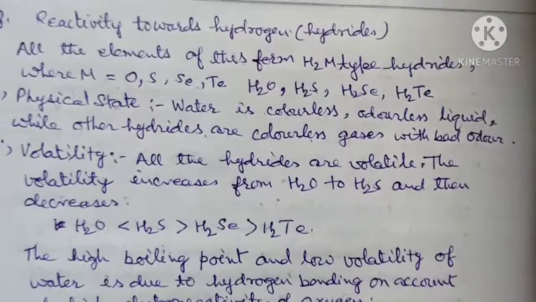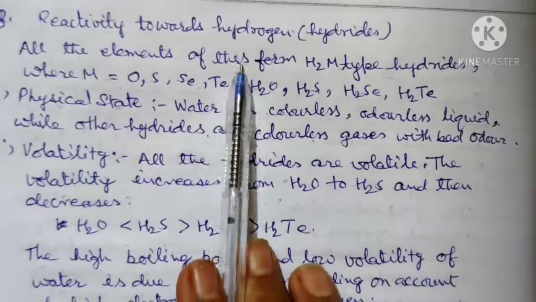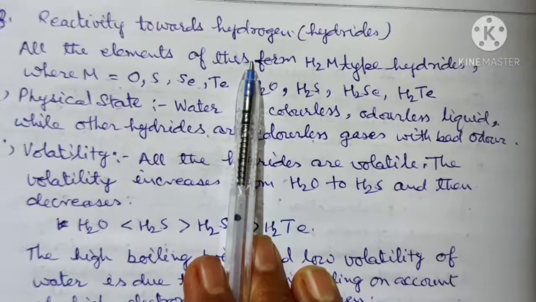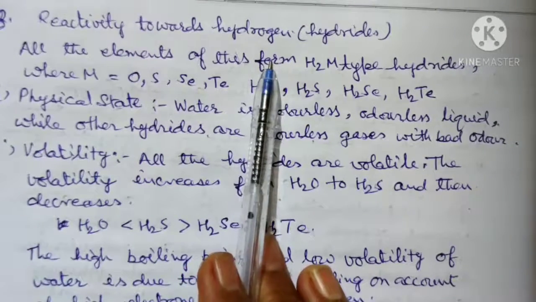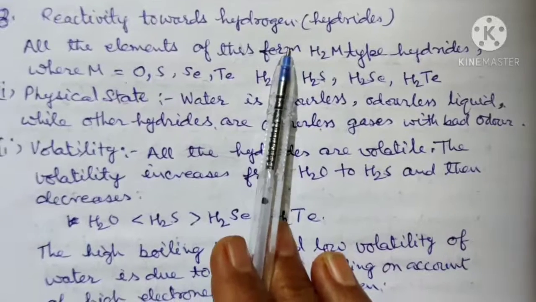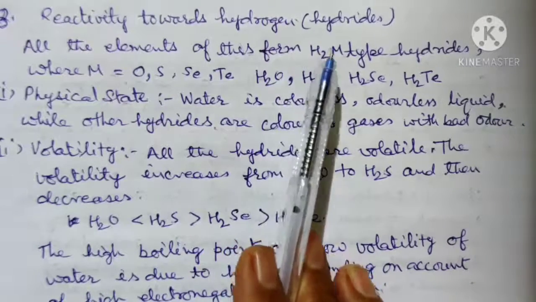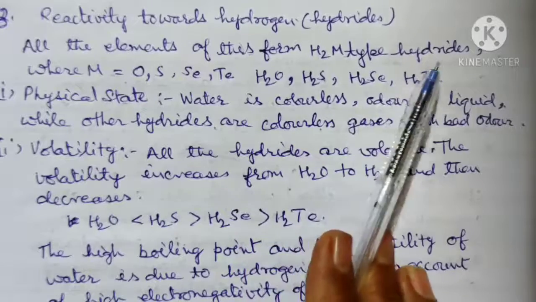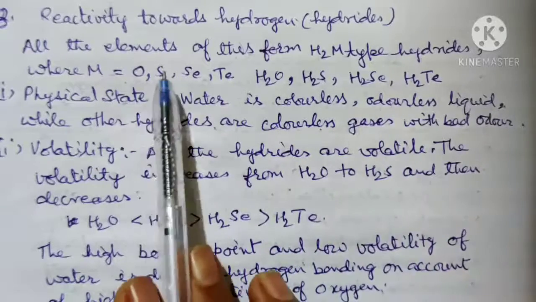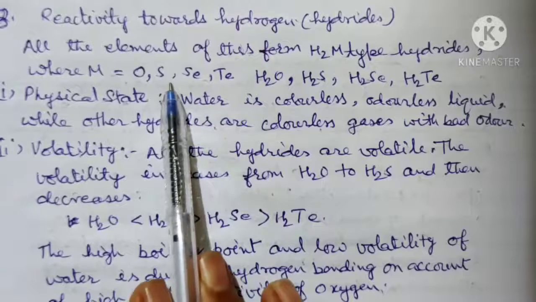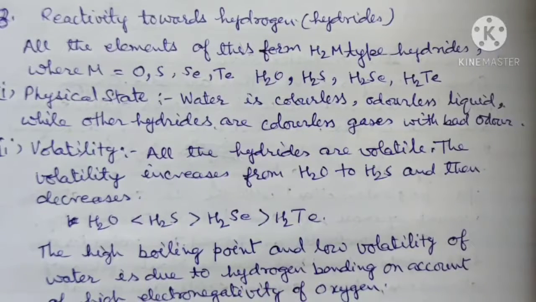Now we'll study the reactivity towards hydrogen, or the hydrides of these elements. All the elements of this group form H2M type hydrides, where M is oxygen, sulfur, selenium and tellurium.